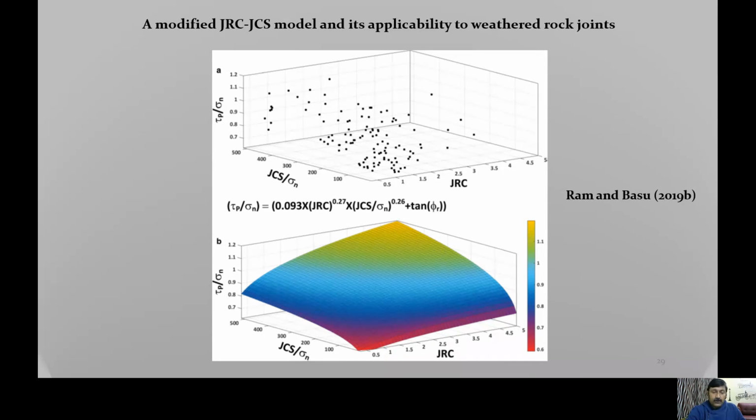If we know the normal stress at which we want to find the peak shear strength, we can find it out very easily. So it is a very easy method, and it has already been proved to be more efficient than some other related parameters. But of course, further investigation needs to be done in other rock types also. We have already checked it with various, very different rock types with various weathering rates of joint surfaces.